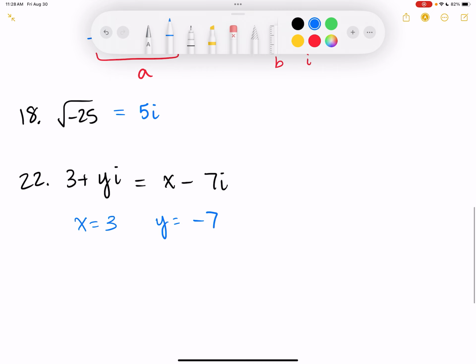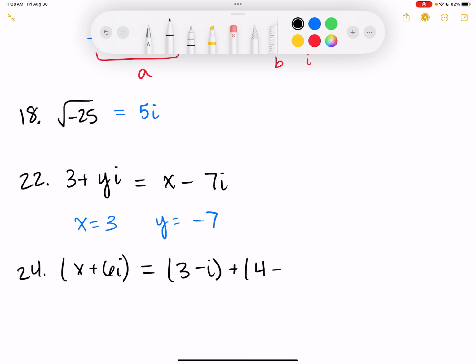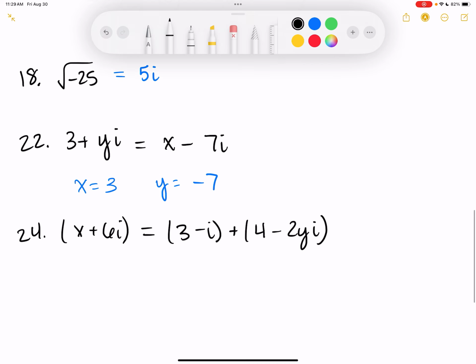Now, if you had one like this instead, where it's in parentheses, x plus 6i, I don't really know why they put that in parentheses, but anyways, is equal to, on the other side, 3 minus i plus, and then another parentheses, 4 minus 2yi. Any ideas what I might have to do first?